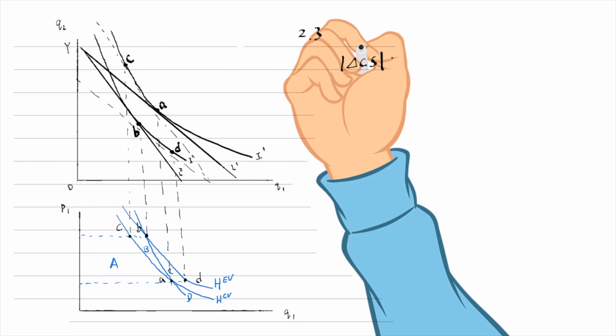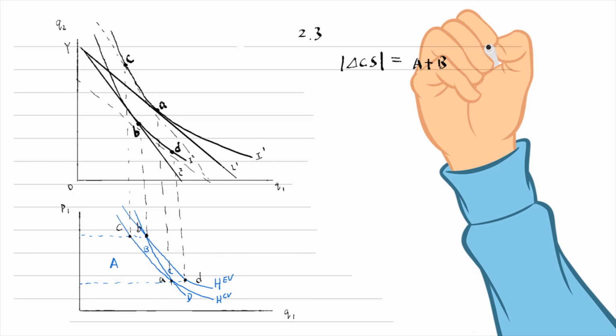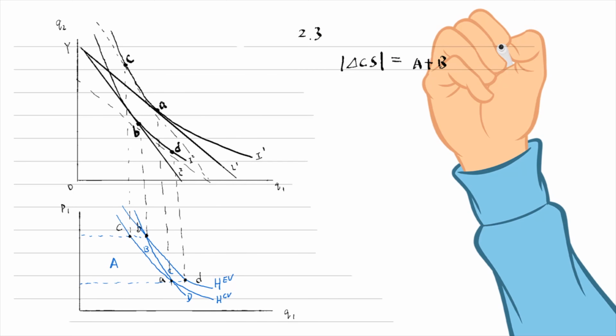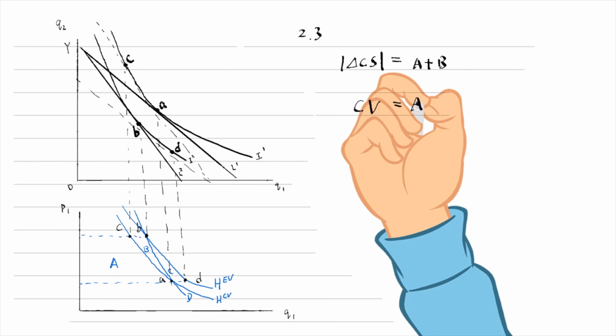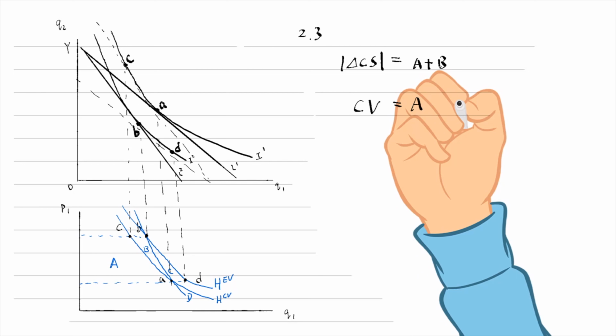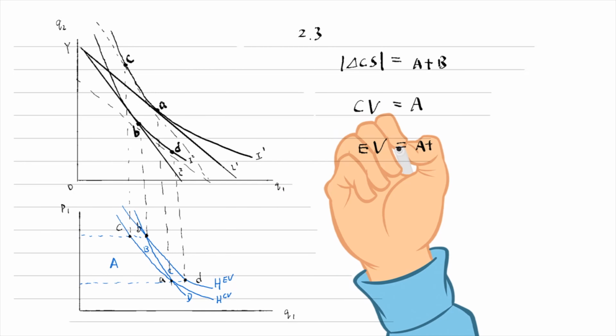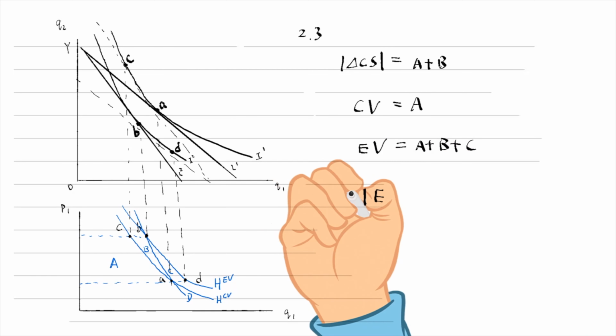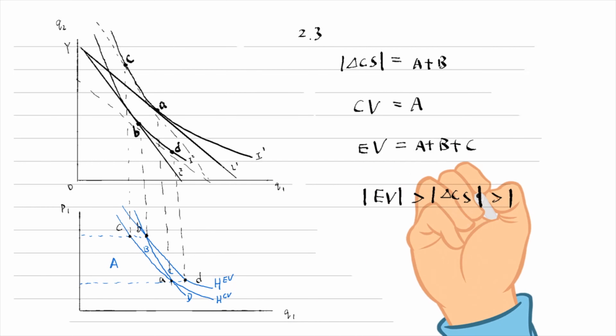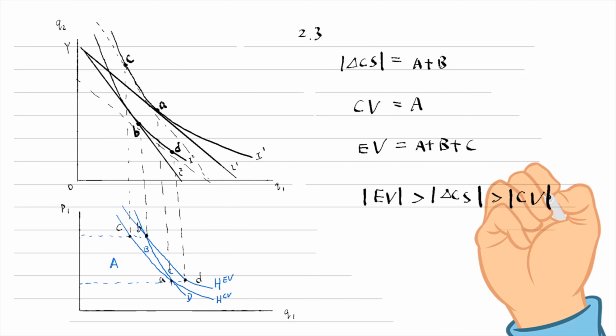Now, the change in consumer surplus is the area A plus B. The compensating variation is the area of A. The equivalent variation is the area A plus B plus C. The equivalent variation is larger than the change in consumer surplus, which is larger than the compensating variation. This is the case for an inferior good.